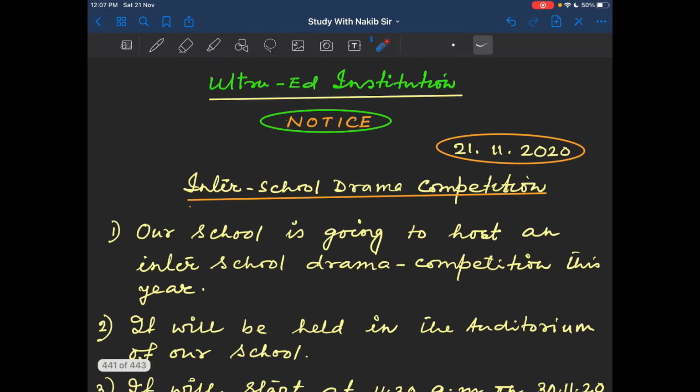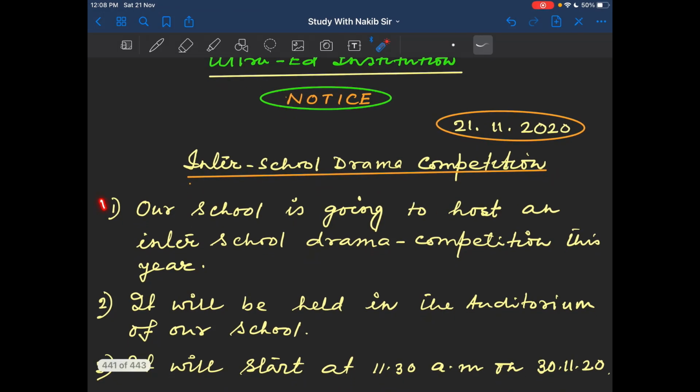Now we'll write the content. See, Ultra Ed Institution. Write notice this way, and this is the date, and this is the heading. You have seen inter-school drama competition. Now this is the first point, and we'll write this sentence for the first point. What is the first point? Name of the event. See, we have got it from the instruction.